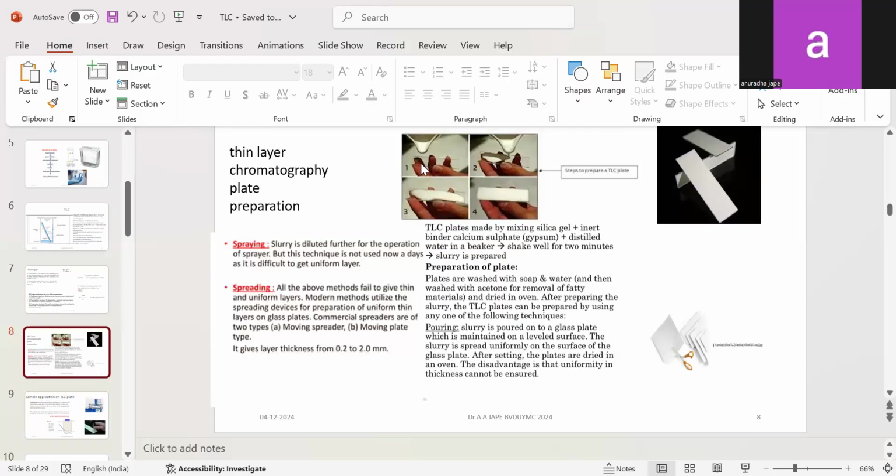And generally, the thickness is, as I said earlier, 0.2 millimeter when it is for analysis purposes, and when it is for preparative purposes, you are going to have a thick slurry layer prepared. So about 0.2 to 2 millimeters is going to be the thickness of the thin layer that we are going to use.